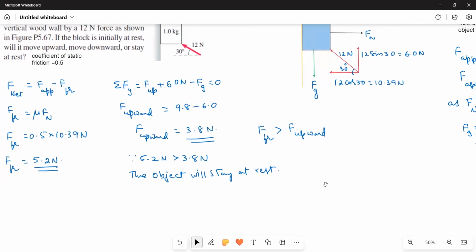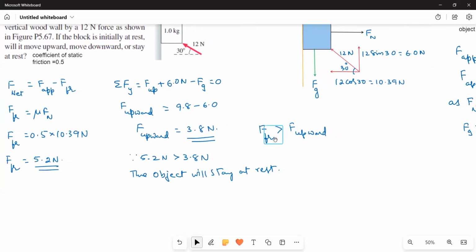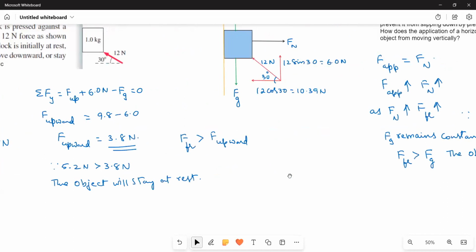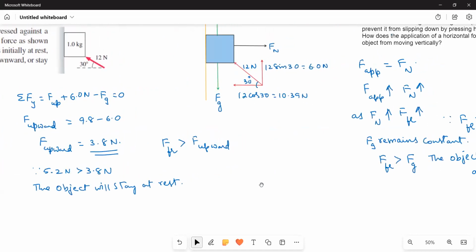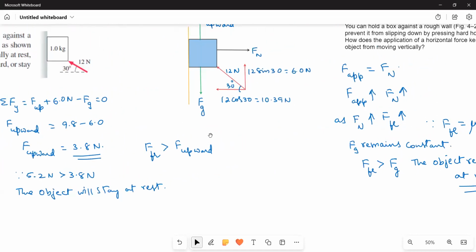The frictional force must be greater than the total upward or downward forces, whatever it may be. Here also, the upward force is less than the frictional force. That is why the object is at rest.